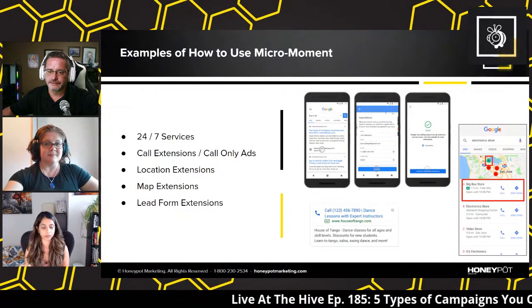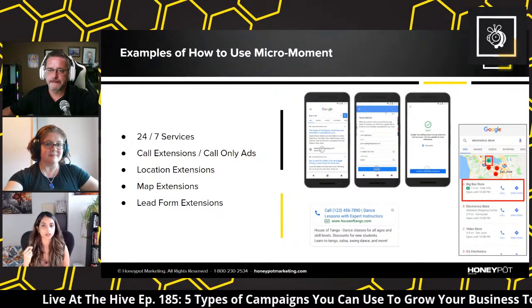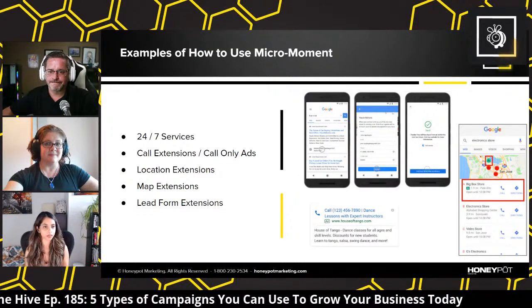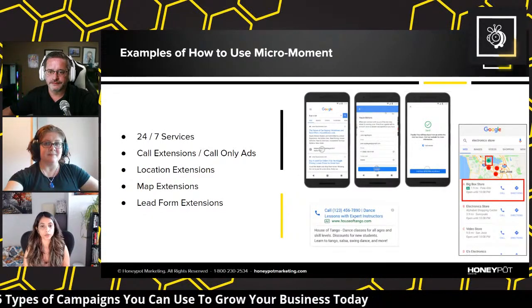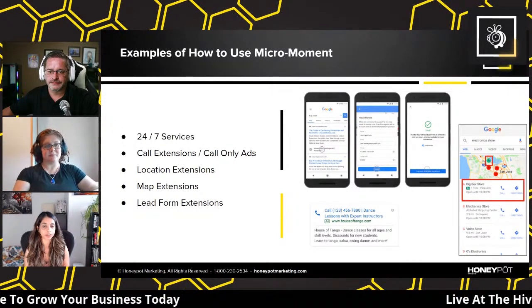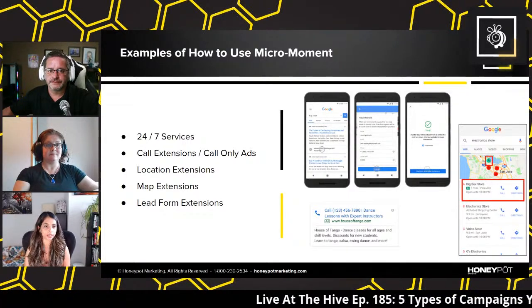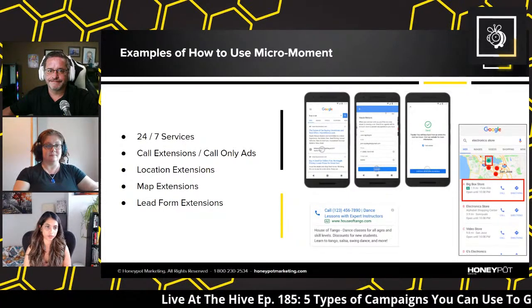And then there are callout extensions, which mention or highlight the types of services or amenities that your business offers. Also, there are call extensions and lead gen form extensions. There are a number of extensions that you can use depending on what business you're in. And I forgot to mention the location extensions as well.